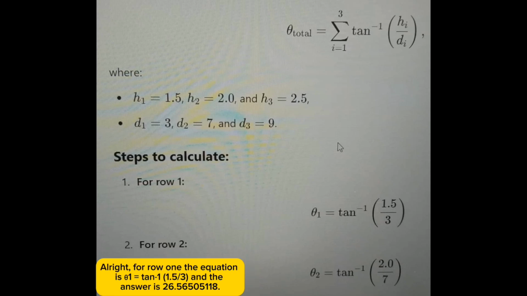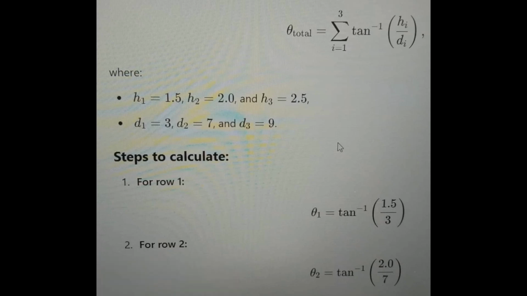For row 1, the equation is delta 1 equals tan inverse of 1.5 over 3, and the answer is 26.56505118.